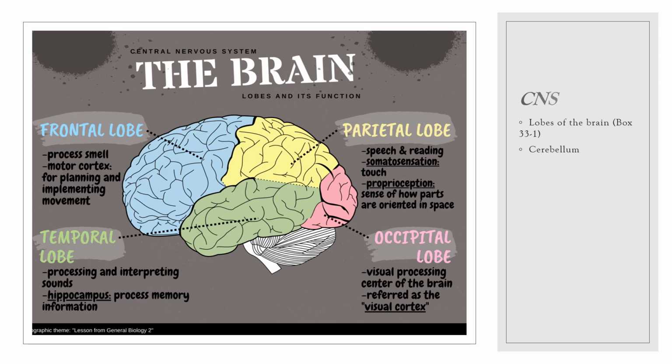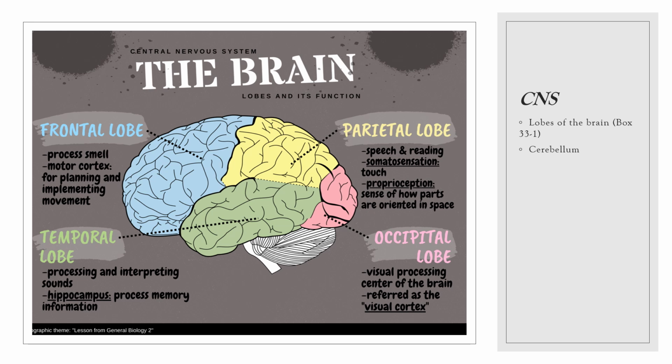Okay, so the central nervous system, we said, is the brain and the spinal cord, right? So we're going to talk a little bit about how this is broken up. The brain actually has different regions. We're going to start with the cerebrum. This is most of the brain tissue. It has a right and a left hemisphere. Now, keep in mind, whenever one side is damaged, you're going to see the action on the opposite side of the body.